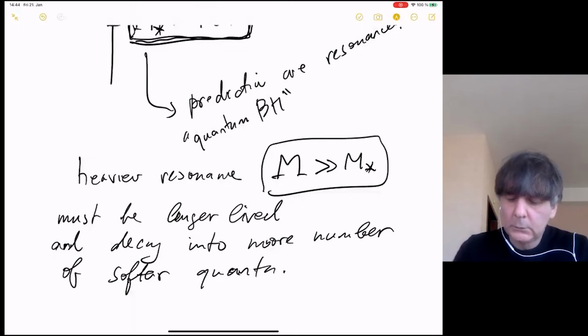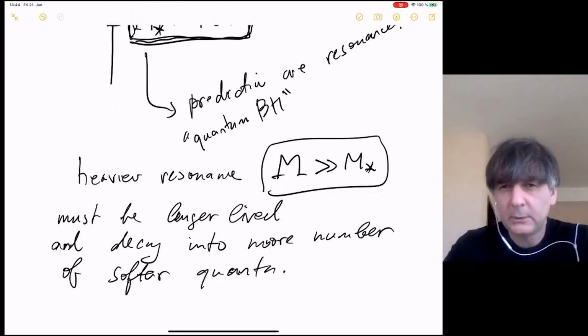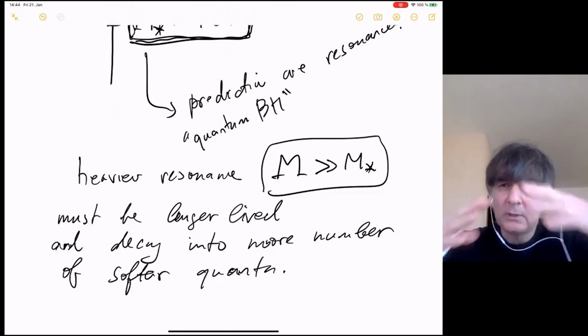So in other words, the black hole-ness properties should gradually set in.